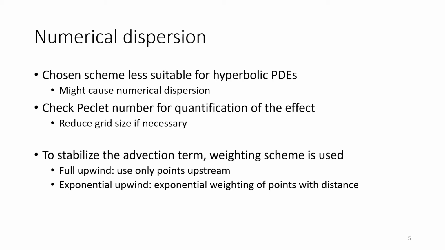I used the example in this lecture of a stream going from left to right. So I'm only considering points which are left of a point of interest and ignore everything that is right of it because of the advection. Still, that might minimize numerical dispersion, but numerical dispersion might still occur.